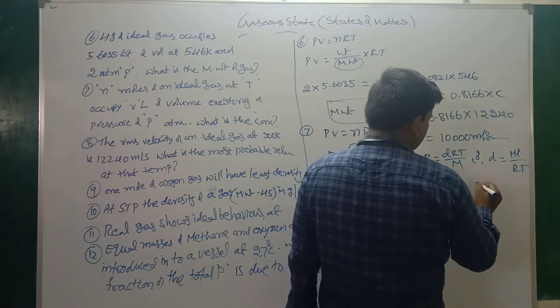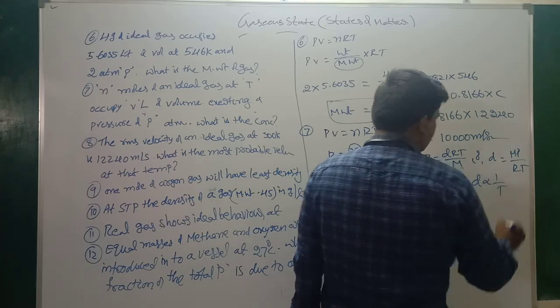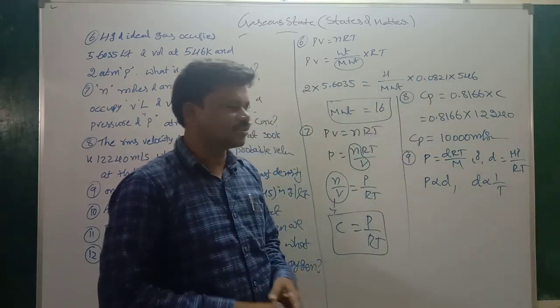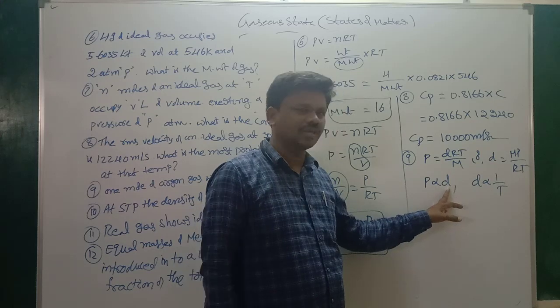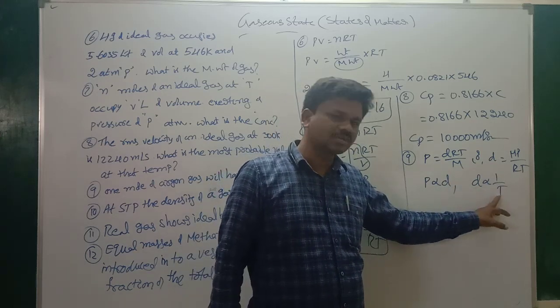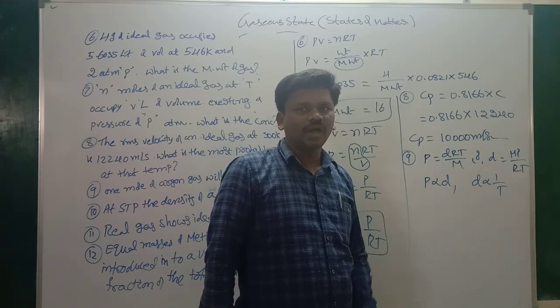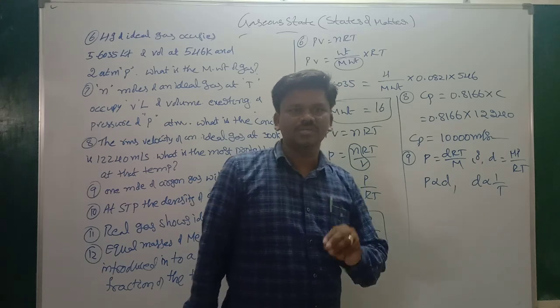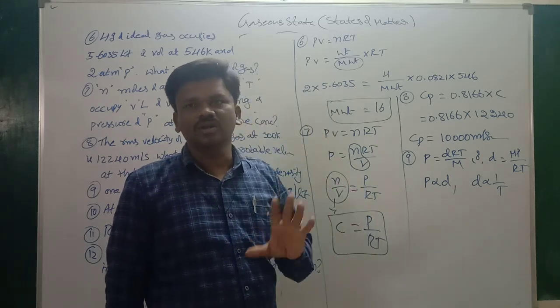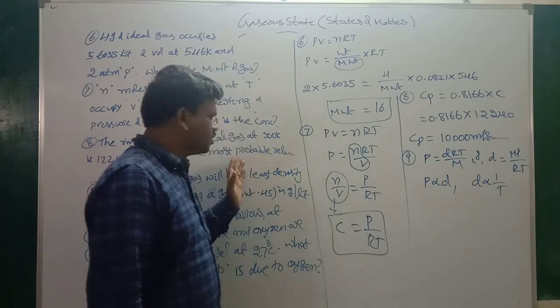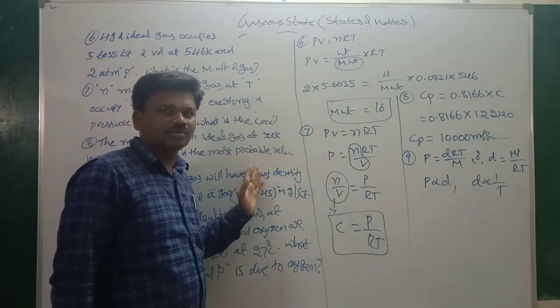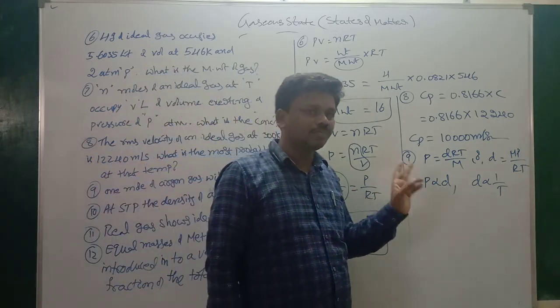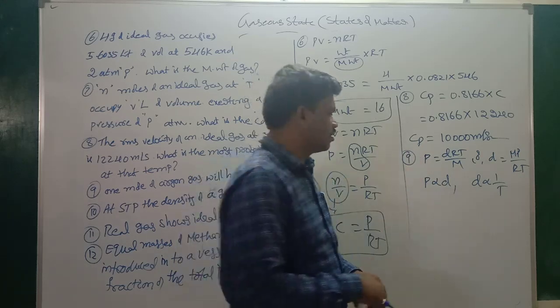That means d is inversely proportional to temperature. High density means favorable conditions for high pressure and low temperature. Here least density, that means favorable conditions for low pressure and high temperature.